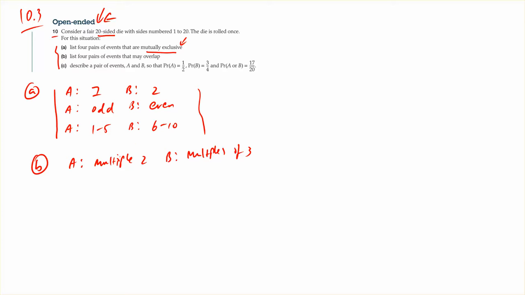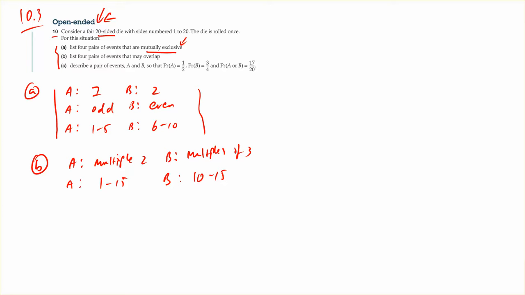So the events A and B are definitely not mutually exclusive. Another one, A is rolling a number between 1 and 15, and B is rolling a number between 10 and 15. So as you can see, A and B overlap.